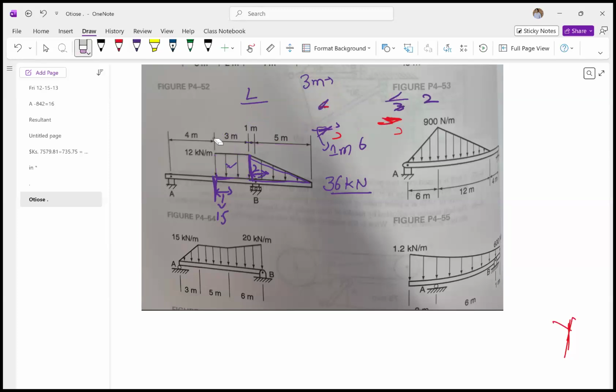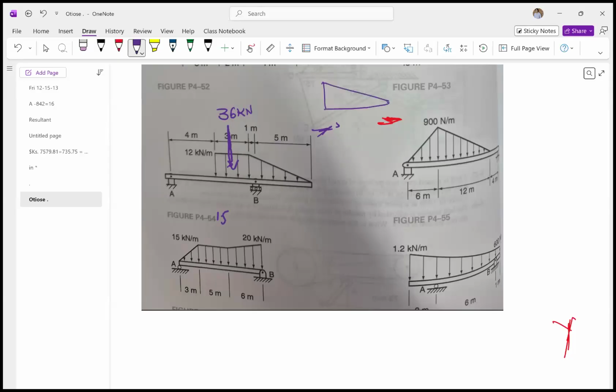So now I'm going to erase this, and I'm going to try to draw it in the form of point load. So here there will be a 36 kilonewton downwards, and for this triangle, this side is 12, because here I can see this is 12, and acting over a distance of 6 meters.